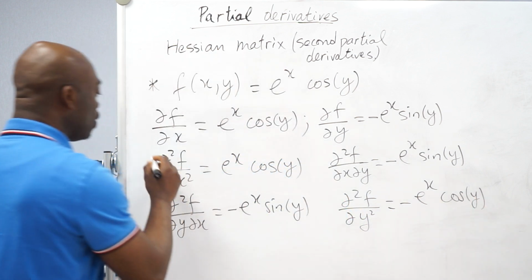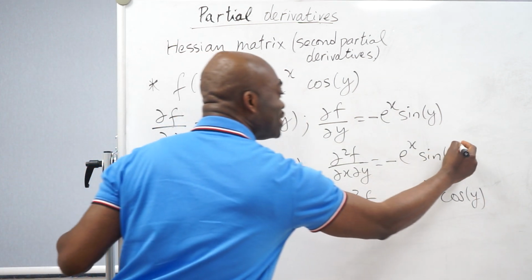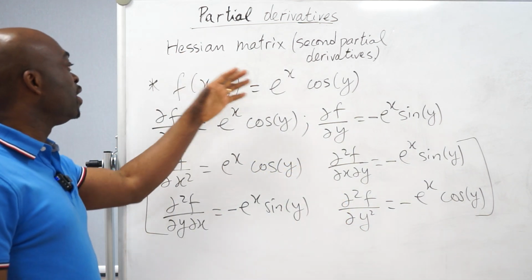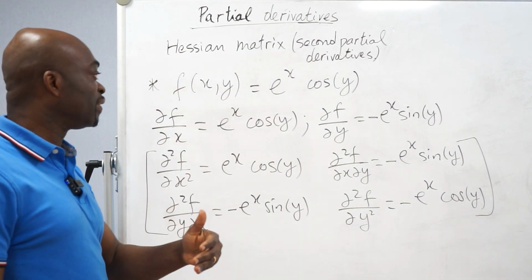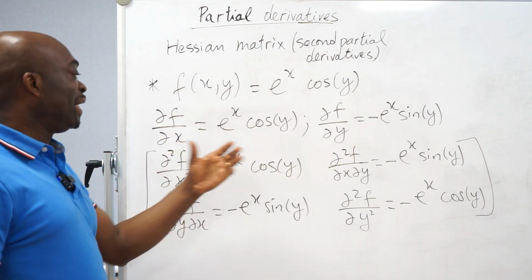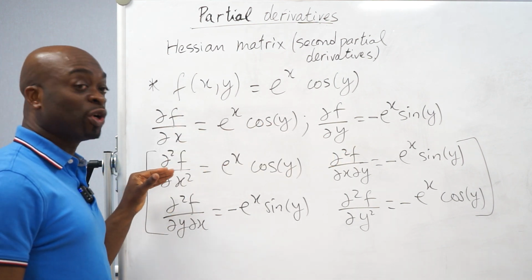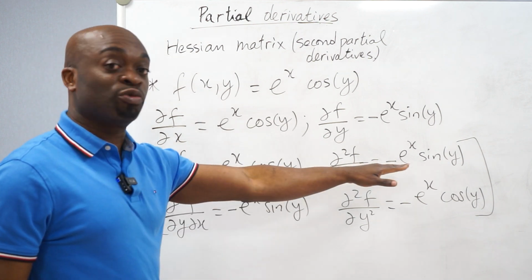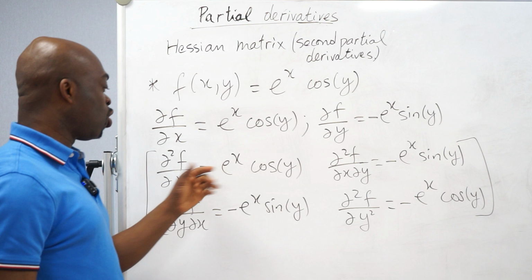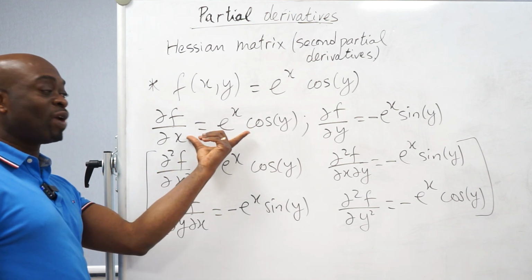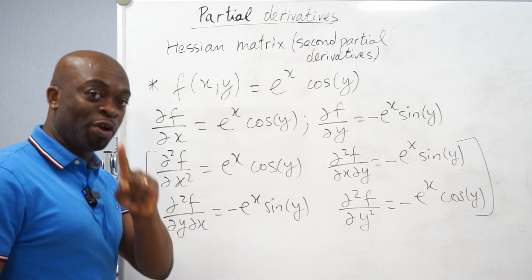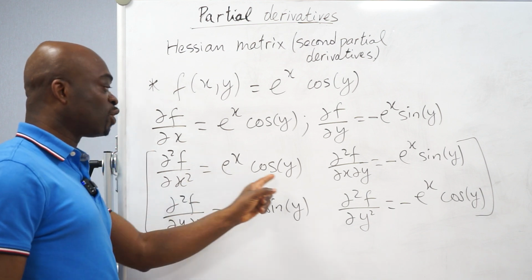So this is how we deal with the Hessian matrix. All right, with the Hessian matrix, which is the second partial derivative. And then we go for the first partial derivative first. And what we do after that, we have what we call again the x row, the y row. So for the x row, you take the first partial derivative, and then you do it the second time with respect to x, and that's what we get here.